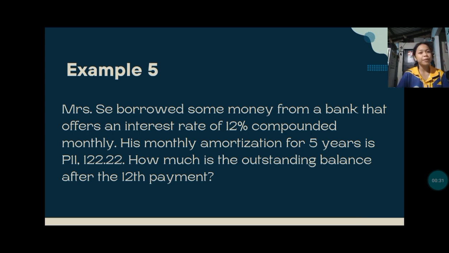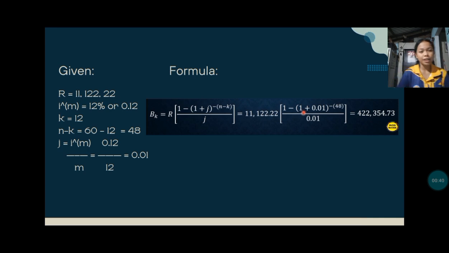So here in example 5, we're going to find the outstanding balance after the 12th payment. We have here the given. Our R, or regular payment, is 11,122.22. Our interest rate is 12% or 0.12. Our conversion period is 12.